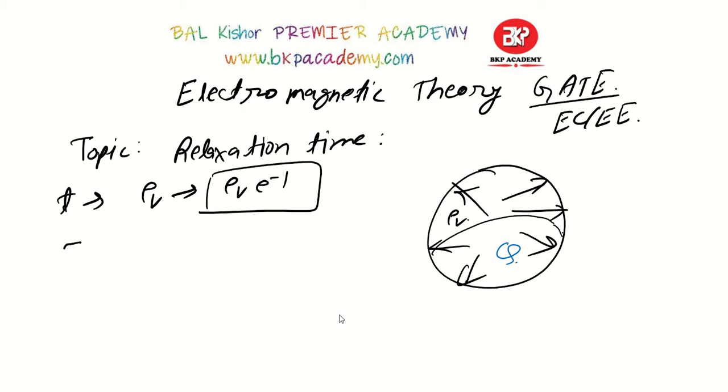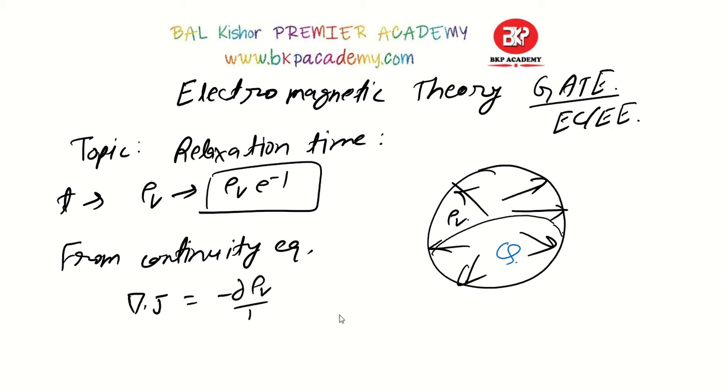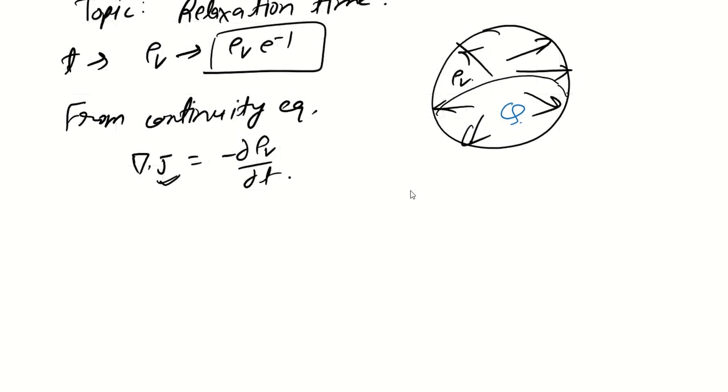So we know from the continuity equation, del dot J is equal to minus dou rho v by dou t, where J is current density. Now we know from Ohm's law, J is equal to sigma E, where sigma is conductivity.